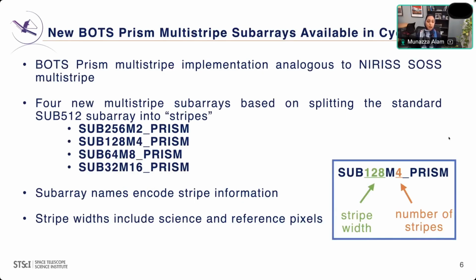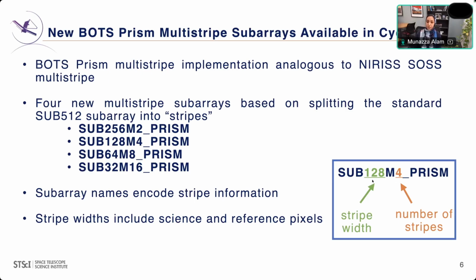And we are offering 4 new subarrays for the multi-stripe mode, which are based on splitting the standard SUB512 subarray into different stripes. So the 4 options we have are the SUB256, SUB128, SUB64, and SUB32 multi-stripe subarrays. The names of these subarrays include some information about the stripes themselves, in particular the width of the stripes and the number of the stripes.